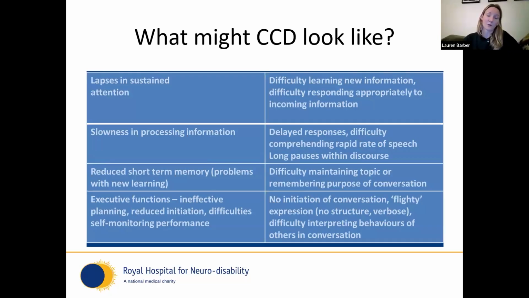So they might have something called poor topic maintenance, which means they might go off on tangents. And they might not allow the other speaker time to take their turn. So it can lead to quite ineffective communication. And they might not have much insight into it. So they might need quite a lot of support from communication partners as well.